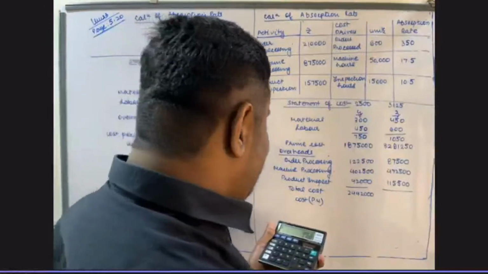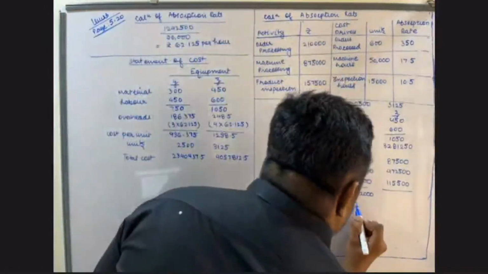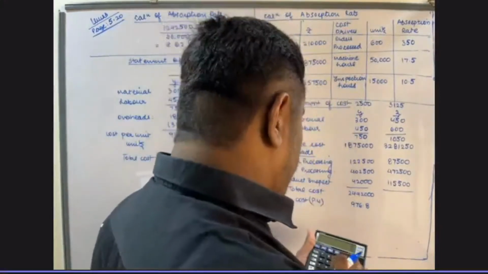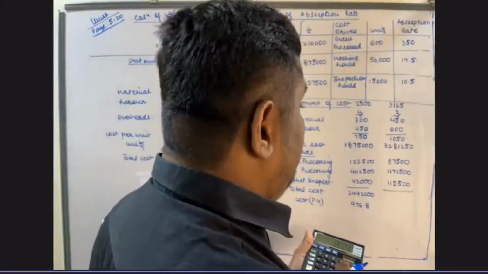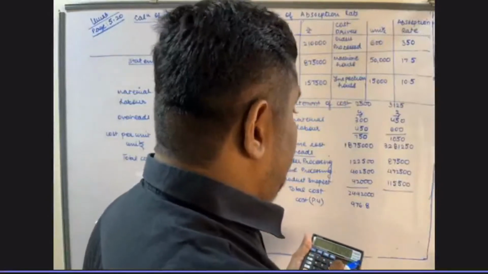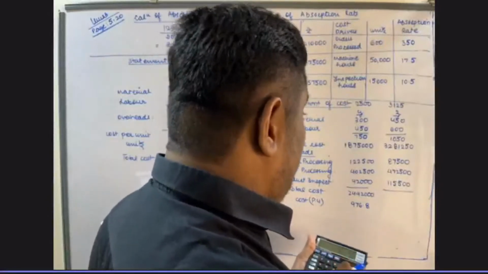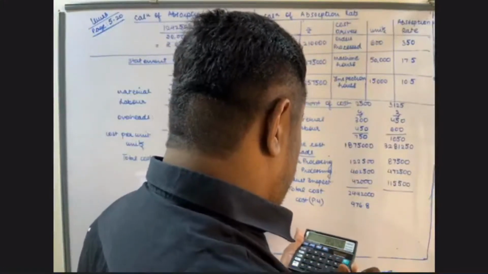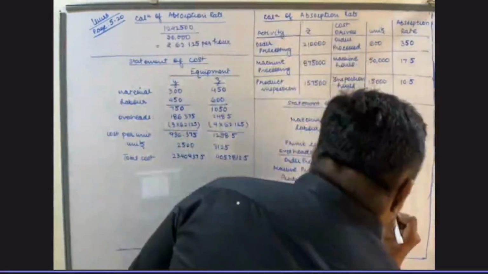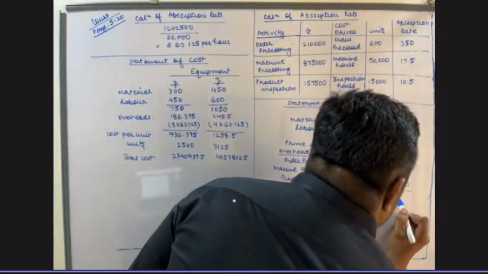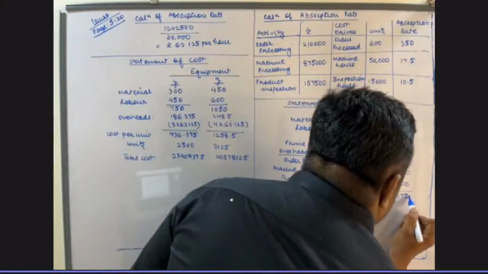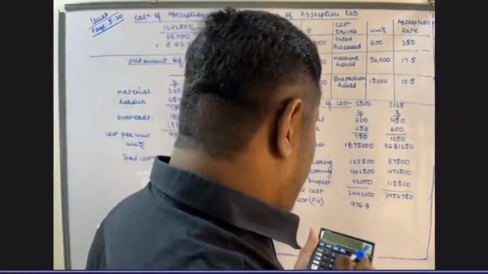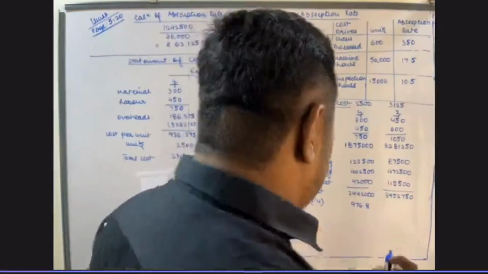So this will be 976.8. For Z, 32,81,250 plus 87,500 plus 472,500 plus 115,500. This is 39,56,750 divided by 3125 units. So this will be 1266.16.